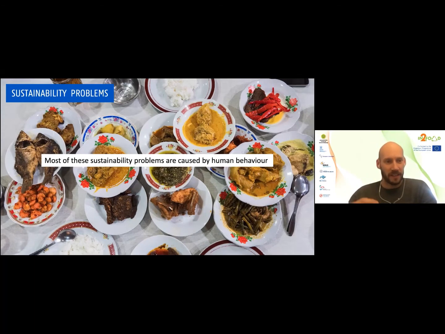And one thing that is also typical when we have these food gatherings is that we want to offer plenty of food. We don't want people to feel that they don't have enough food. So there is also a very cultural aspect about offering food to other people and offering as much as possible so other people can enjoy it.